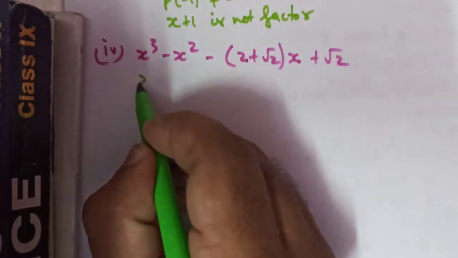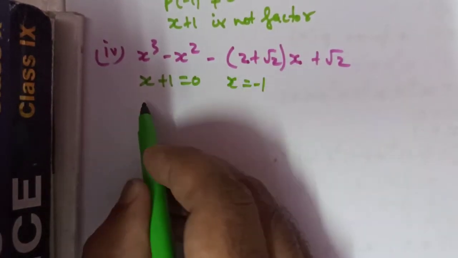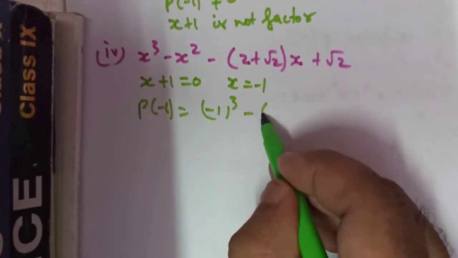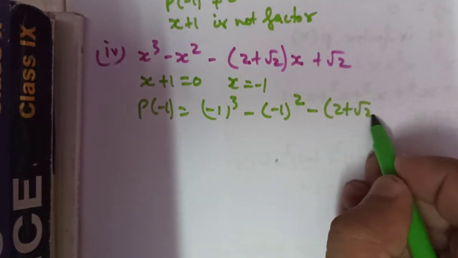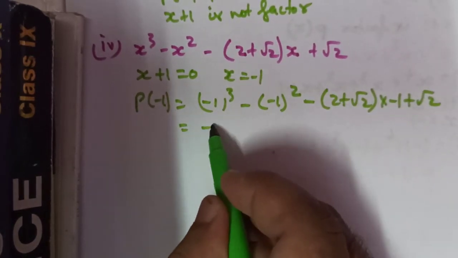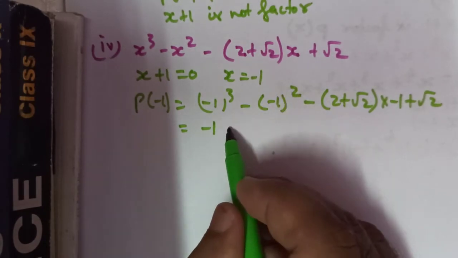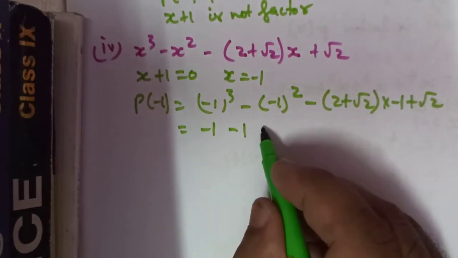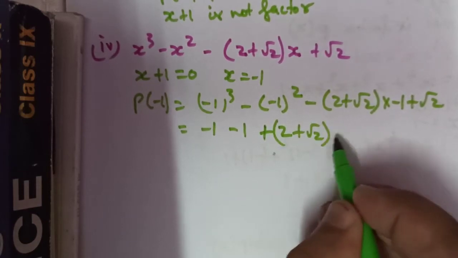So again similarly, x plus 1 will be 0, x will be equal to minus 1, then p(-1) will be (-1) cube minus (-1) square minus (2 plus root 2) times (-1) plus root 2. So cube of minus 1 will be minus 1, and minus 1 square will be plus 1, into minus will be minus 1, and minus into minus will be plus (2 plus root 2) plus root 2.